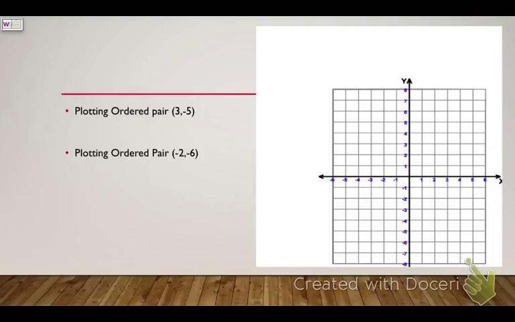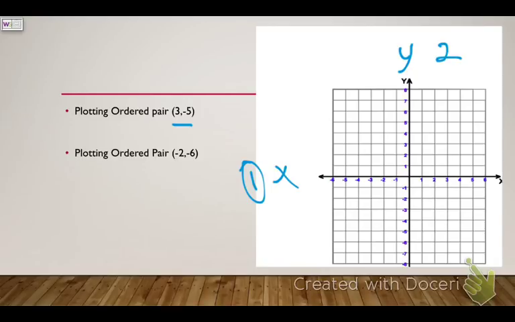Next one. 3, negative 5. Remember? X-axis first, y-axis second. Never go up and down first. Usually, now there is one situation, and I didn't demonstrate it here, but that might be something you'll ask about later. So here we go. We're going to go 3, negative 5.